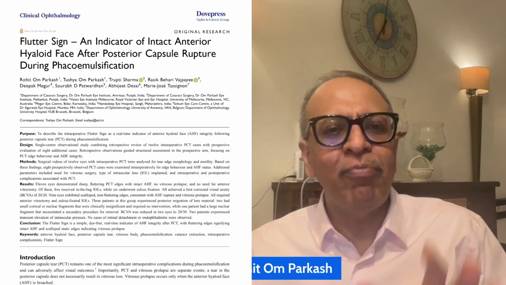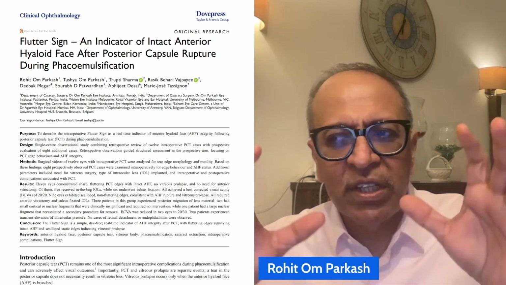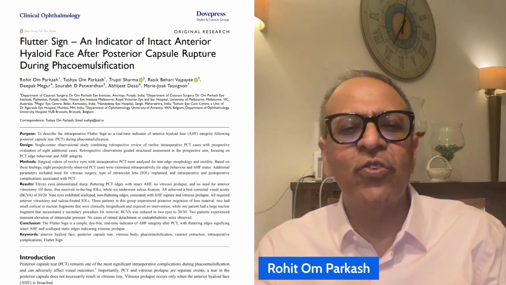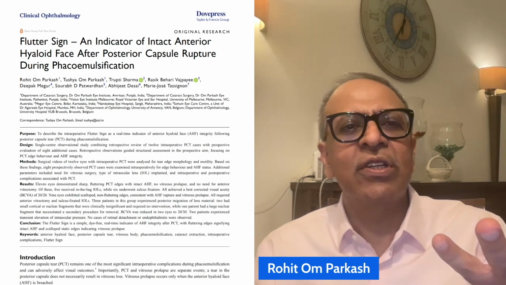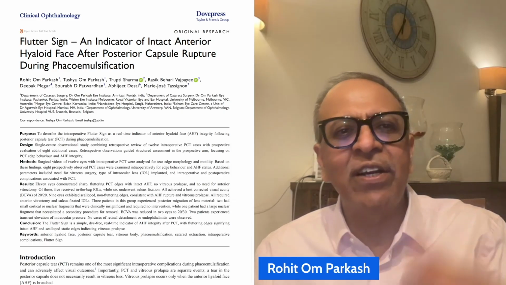This showed that the anterior hyaloid face is intact. And if it becomes scalloped and stops fluttering and becomes static, this shows that the vitreous has prolapsed. So this is what Richard Packard showed, and we built on that.